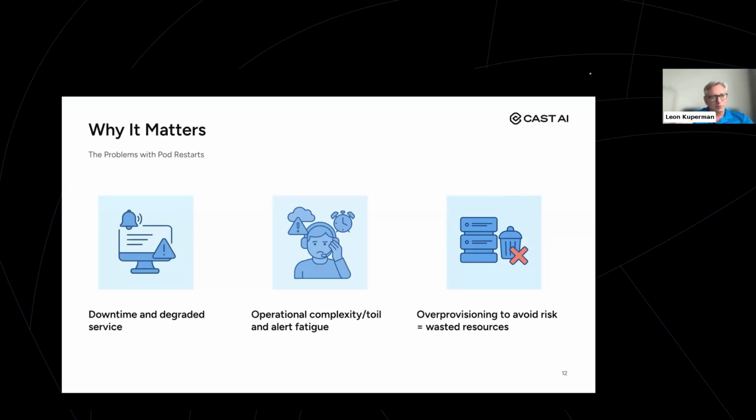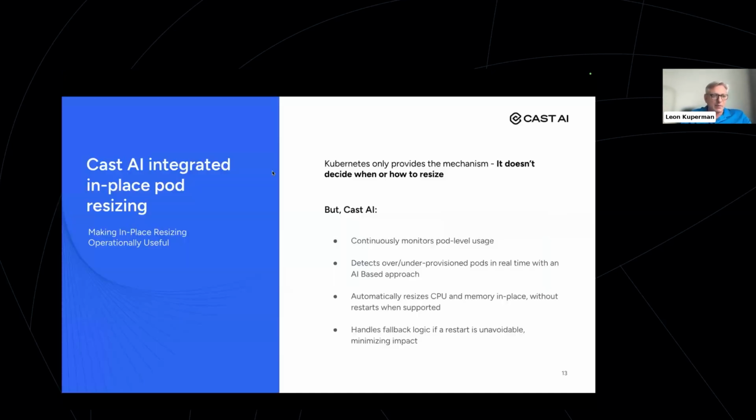You can do blue-green deployments. Those are all Kubernetes native concepts. And now Kubernetes is providing, in 1.33, this in-place mechanism for pod resizing. So who makes the decision to resize though? That's not a native Kubernetes capability, is it?